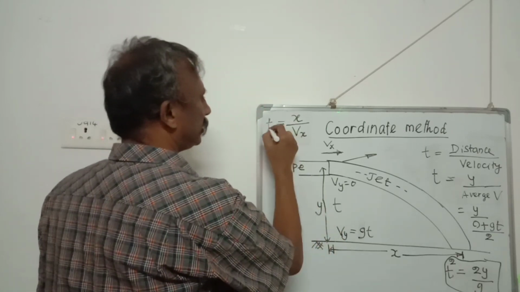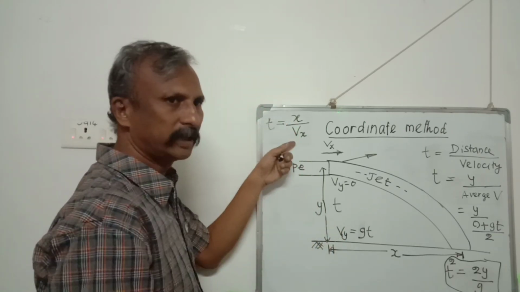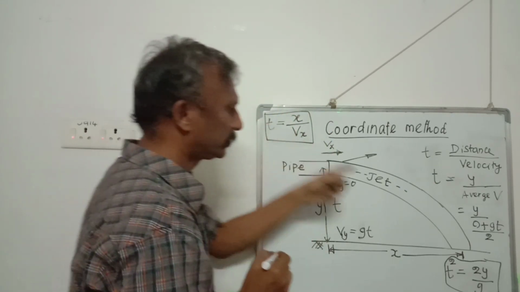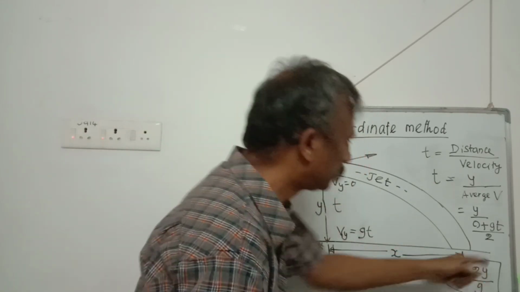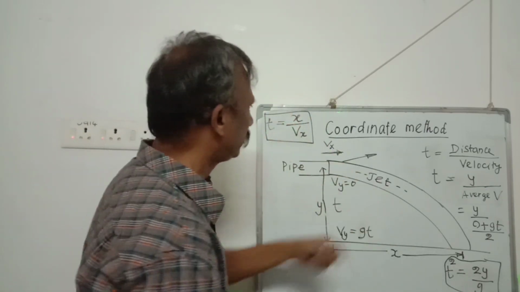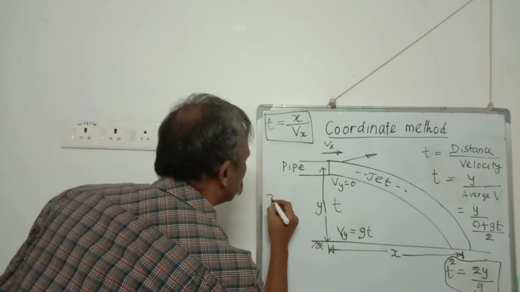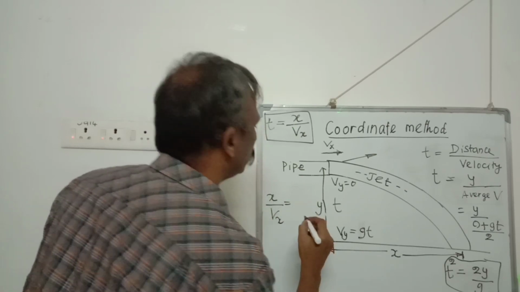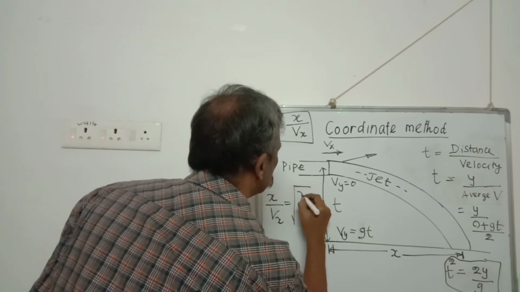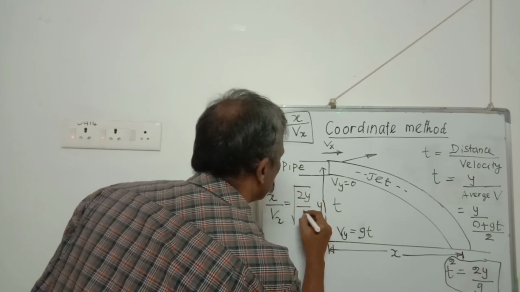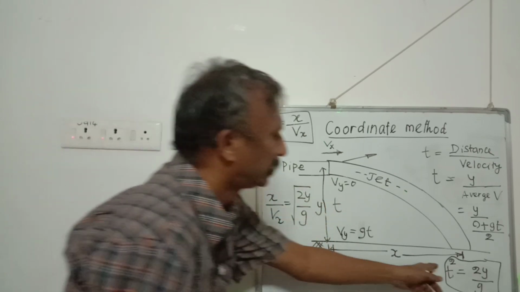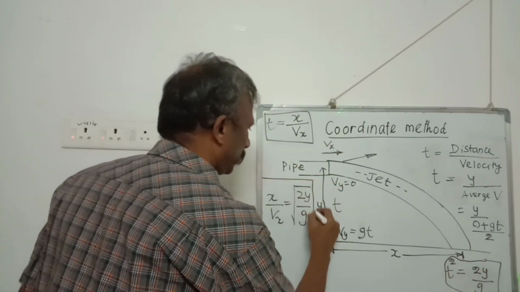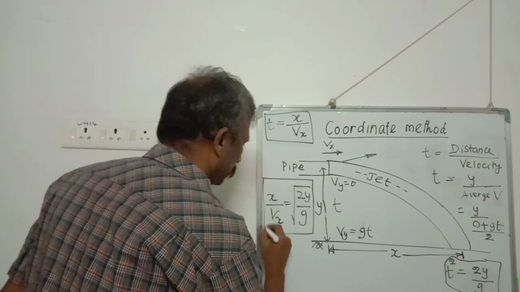So we get t to be distance divided by velocity. This is also t, and this is also t. So now we can equate x divided by Vx to be equal to root 2y by g. This is a very useful relationship.